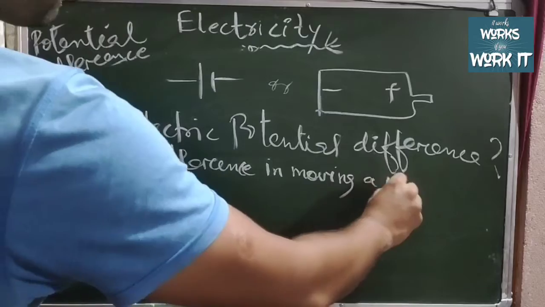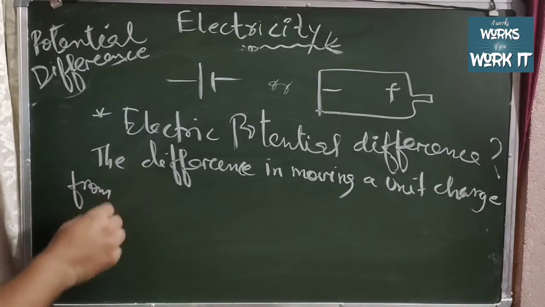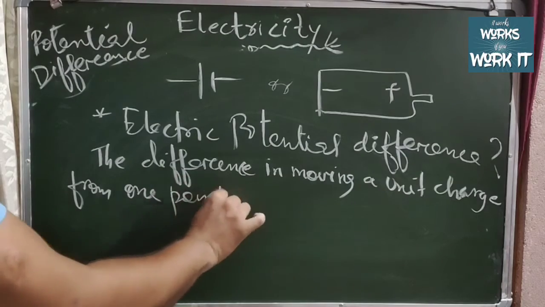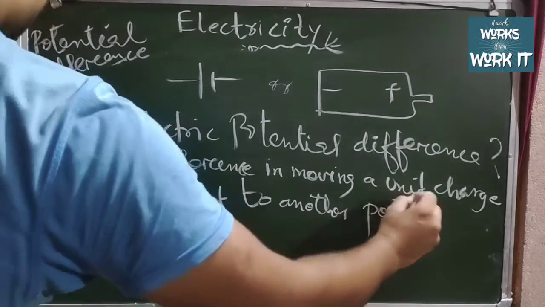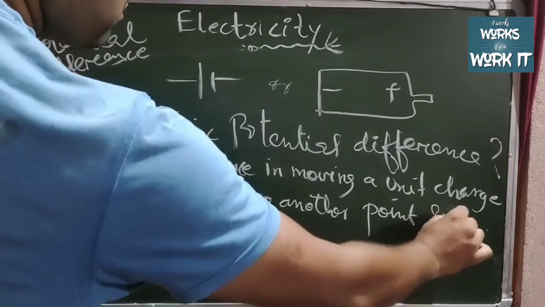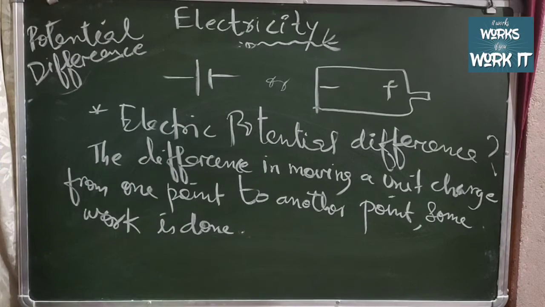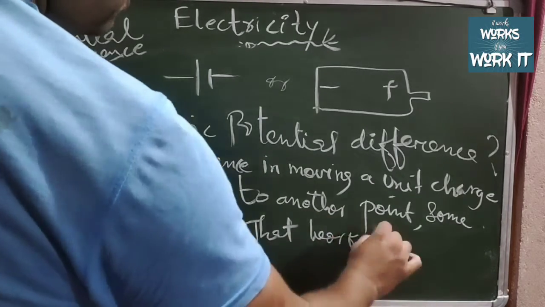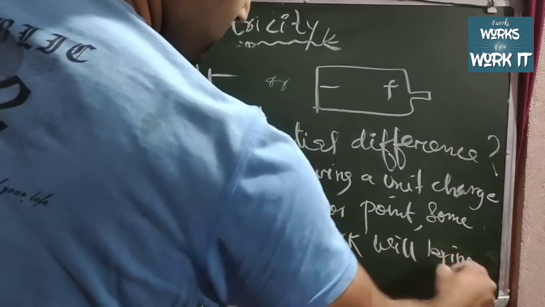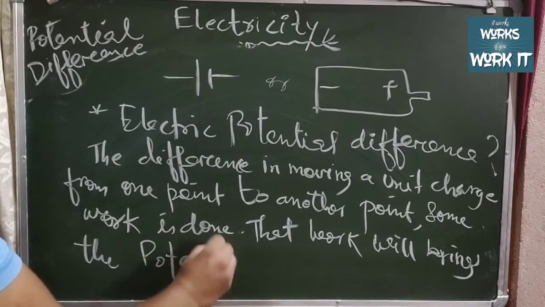It is the difference between 2 points in moving a unit charge from one point to another. For doing this, some work is done, and that work brings the potential difference in the cell or in the circuit.